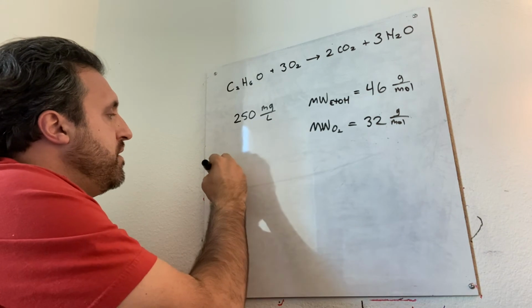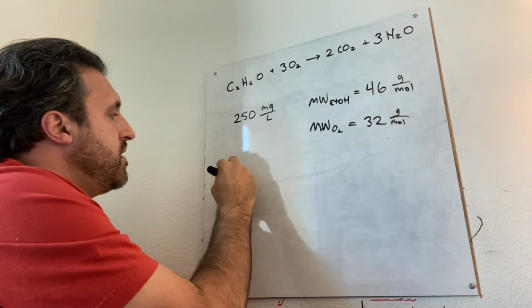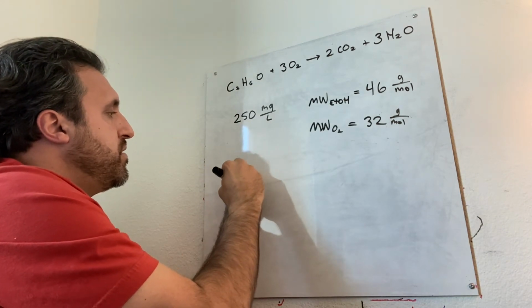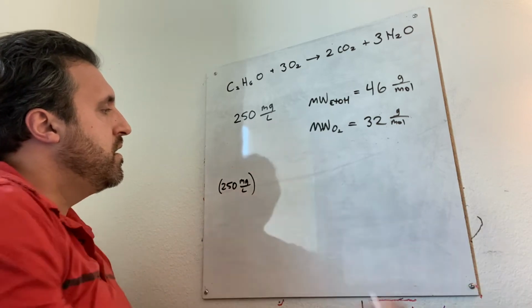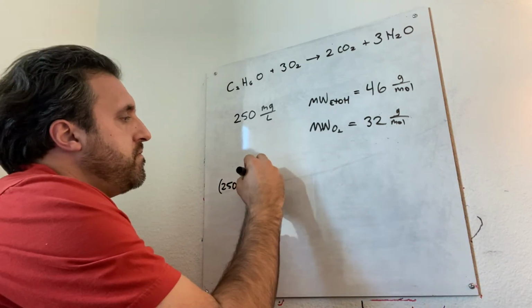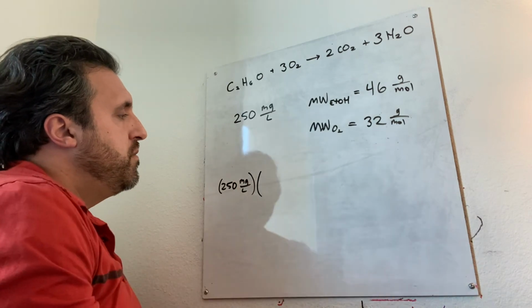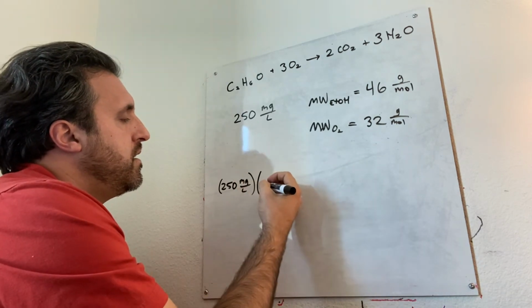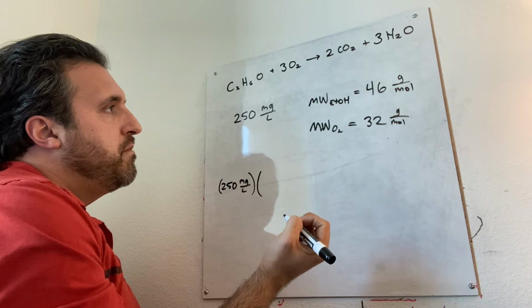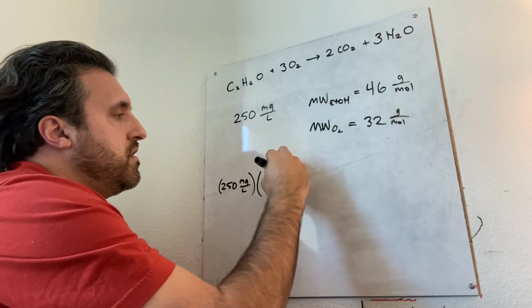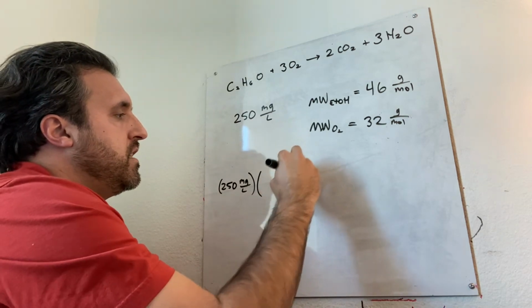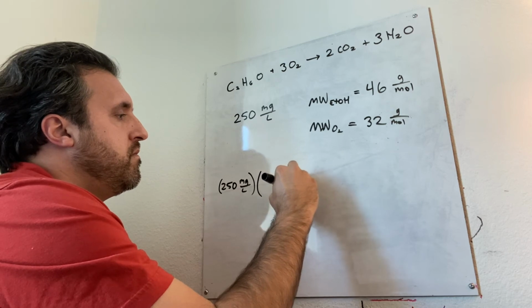So if we've got 250 milligrams per liter of the ethanol, we're going to multiply that by, we need milligrams on the bottom, so it's millimole on the top per milligram.